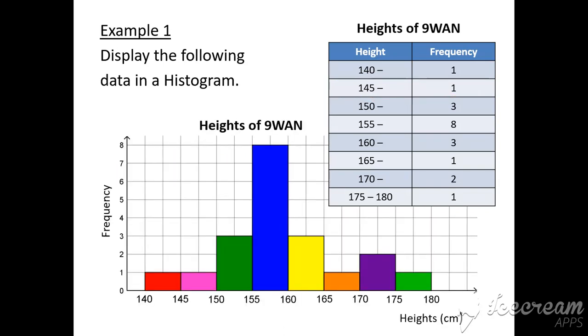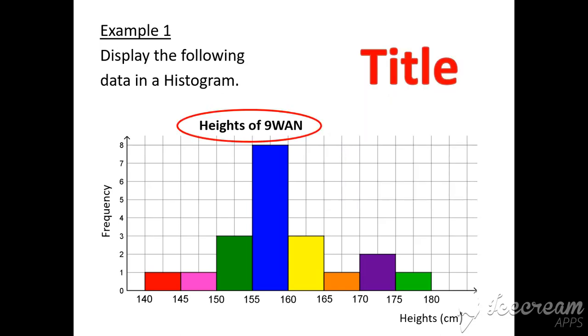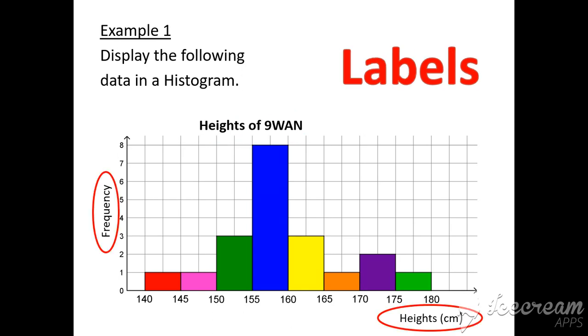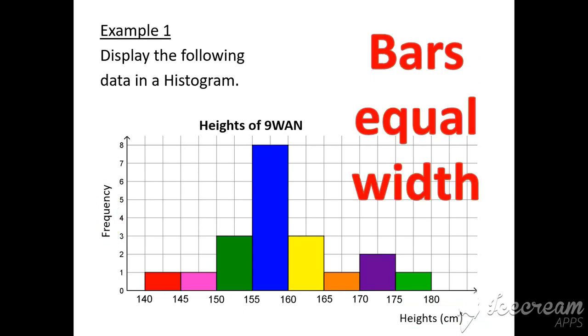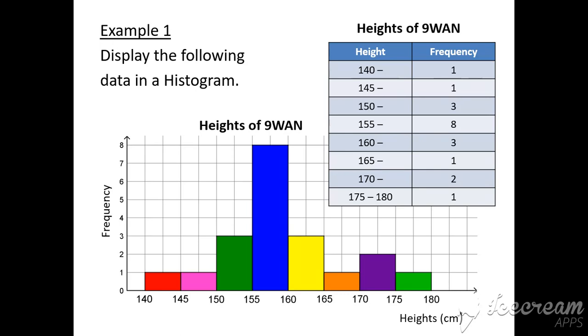All right, here's what the histogram looks like. Now, first check as you draw your histogram, please check that it's got a title to explain things. It's got the labels on both axes, the height's on the x-axis, the frequency is the label for the y-axis, and that the bars are equal in width. Okay, let's talk about what's going on. See this group here? This is the group of people that are between 140 up to, but not 145.